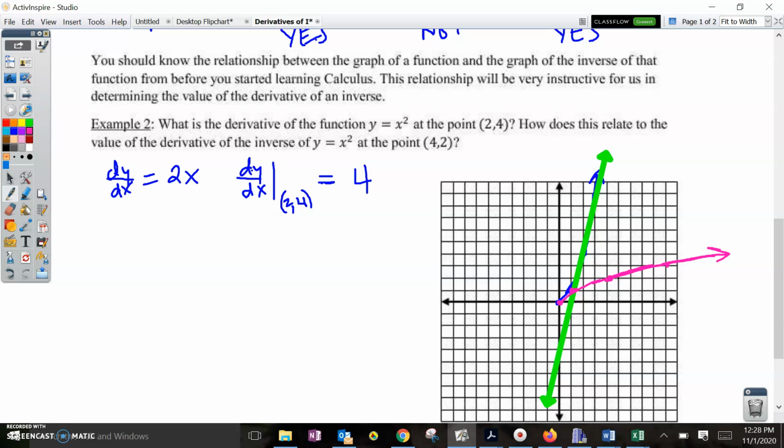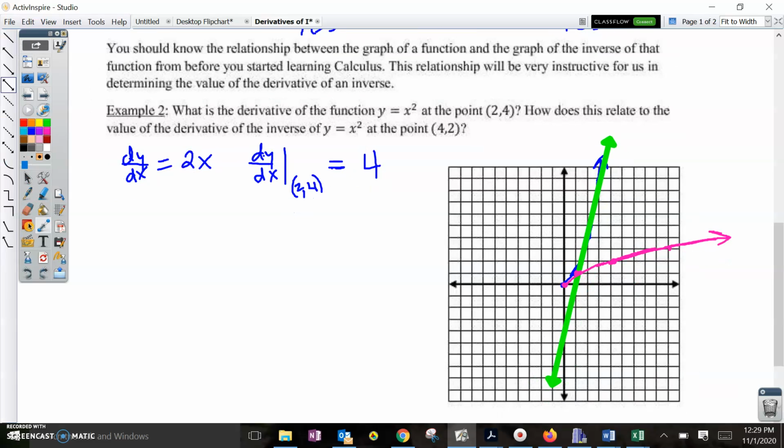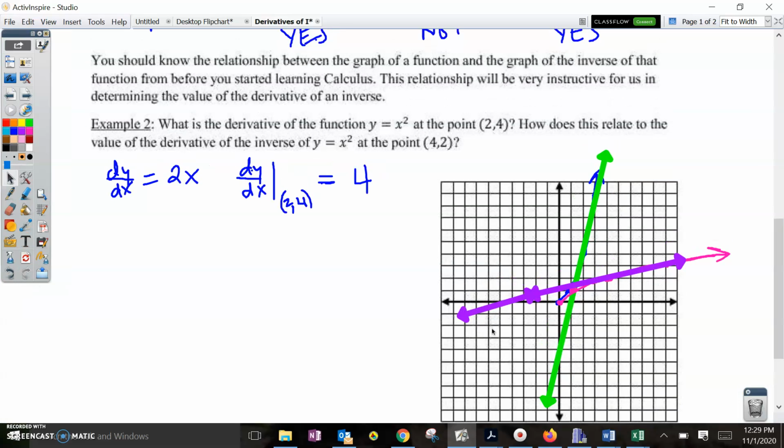And just like the function itself is a mirror image over the line y equals x, the tangent line to this curve at this point will be a mirror image of the tangent line to the original function. So if I go ahead and draw that tangent line in, well, you can see that that's one line, but it's the mirror image.